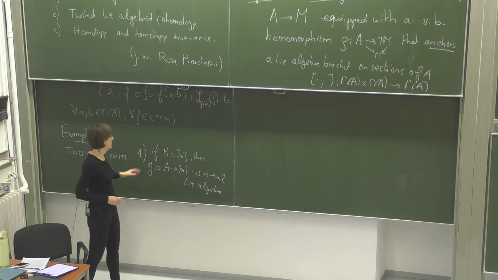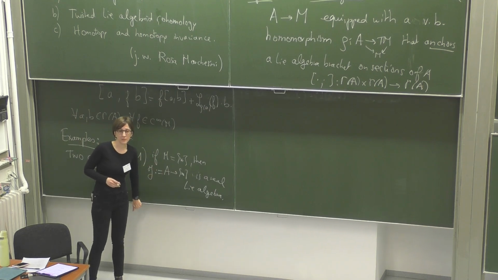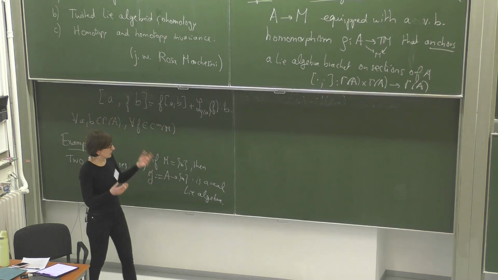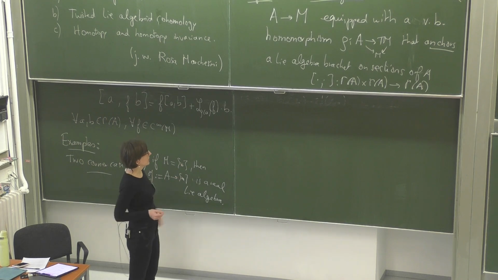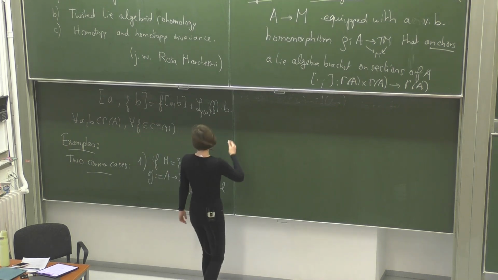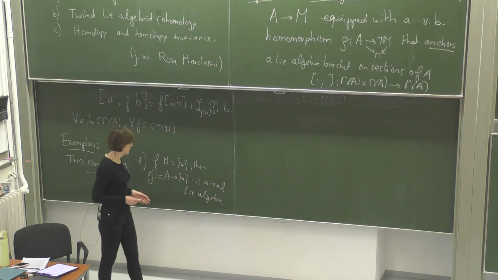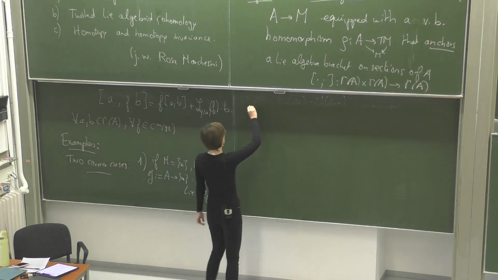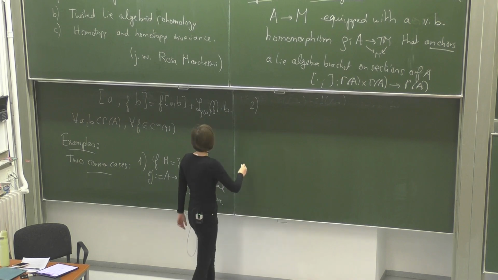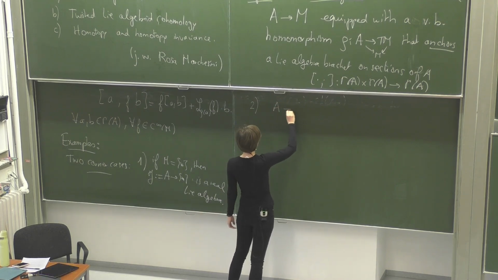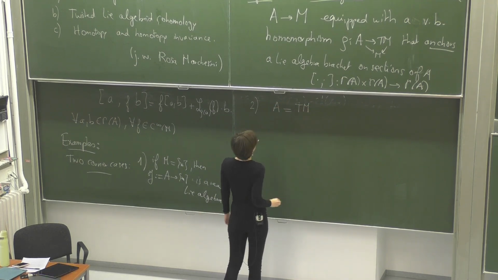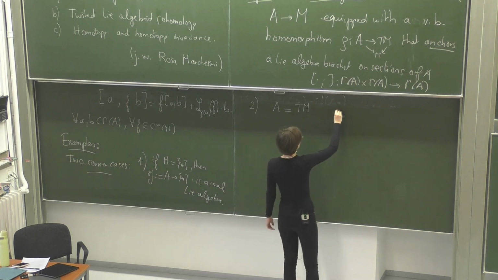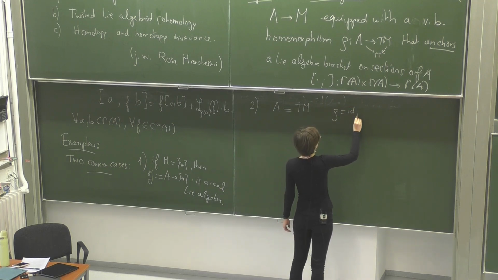And of course, that corner case is a source of inspiration for a lot of studies or problems that you would look at in the Lie algebroid context. But as we will see, of course, it's not enough, because it's a super simplified version of Lie algebroids. The other corner case is when A is TM, and ρ is the identity on TM.